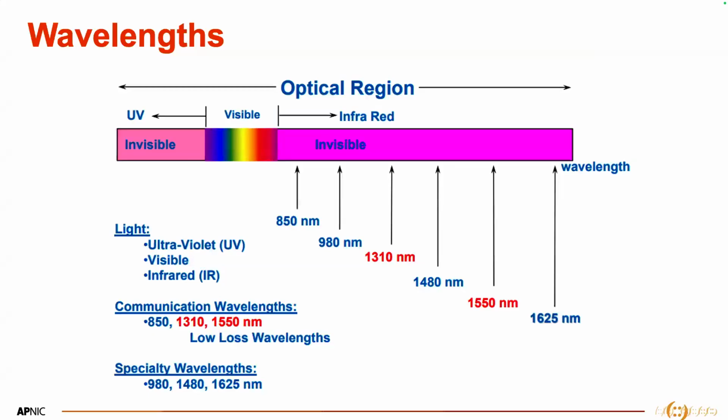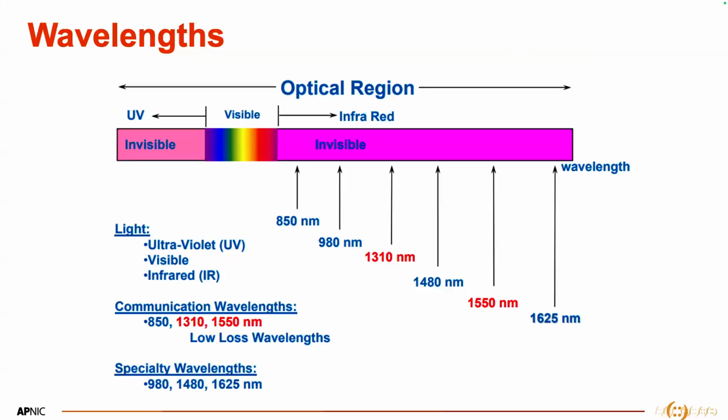Moving forward, as I was saying in previous slides, there are different regions in optical domain. There are regions which we see, there are regions which we do not see. For the visible region, we can identify different colors for light.